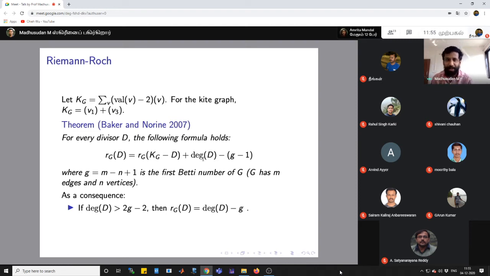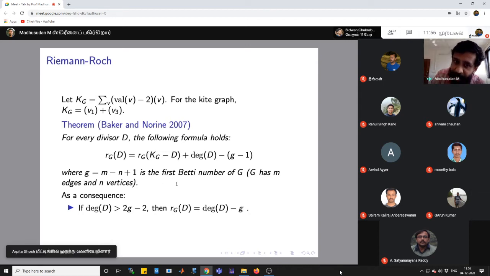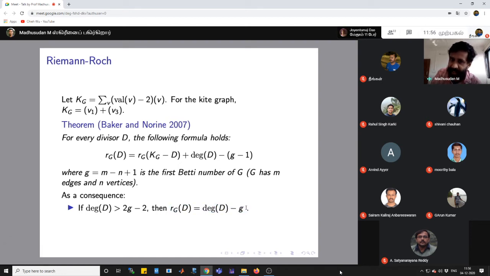So if you consider K_G minus D in this case, the degree will be negative. So the rank will be minus 1, and you plug in minus 1 in the place of the rank of K_G minus D, and you get what we claim here, that the rank of D is the degree minus the genus. Okay, so this consequence will be quite useful for us.